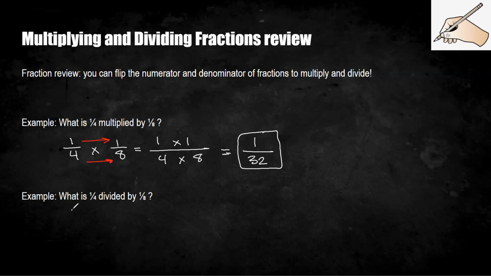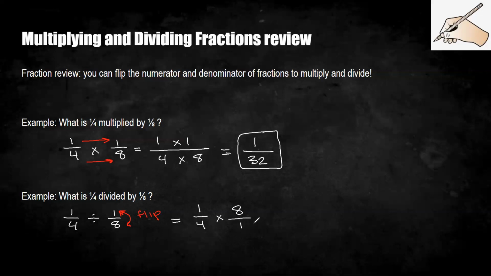But let's say we had 1/4 divided by 1/8. Now in this case, what we're actually going to do first is flip the numerator and the denominator of whatever fraction that you are dividing by. So that leads to actually 1/4 times 8/1.